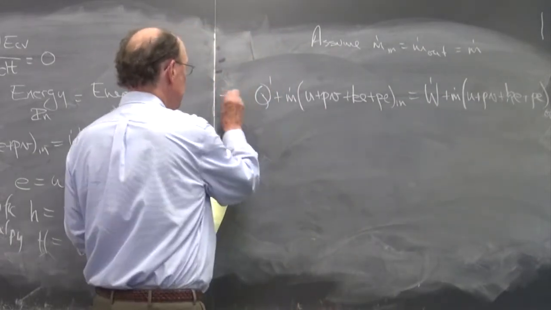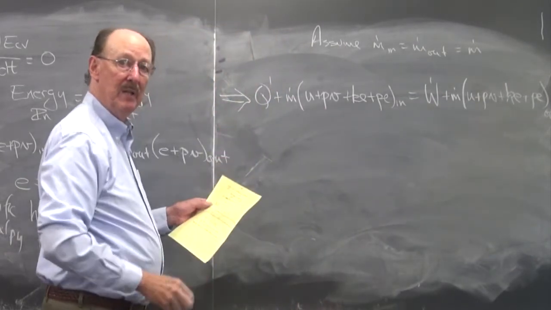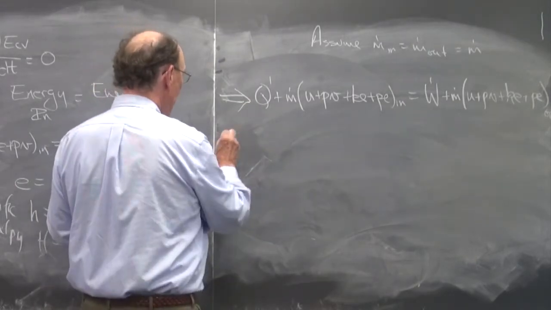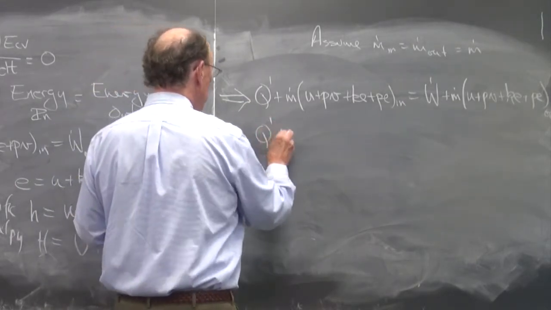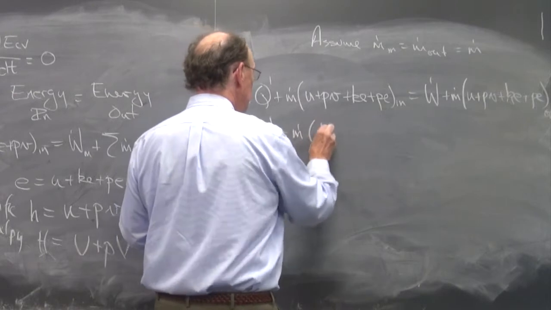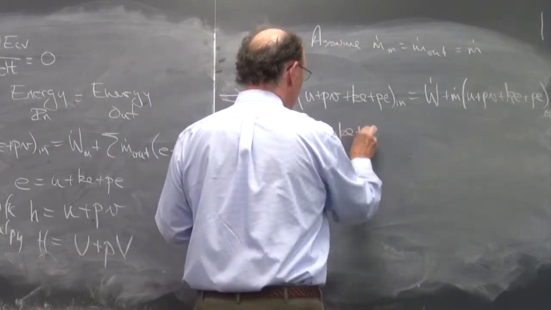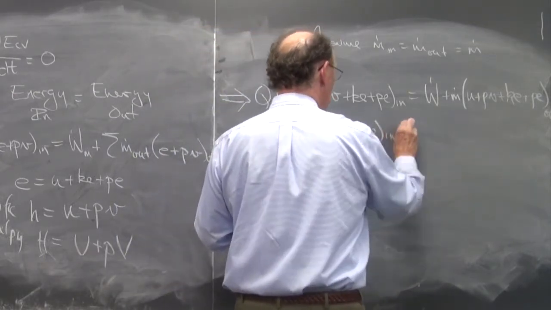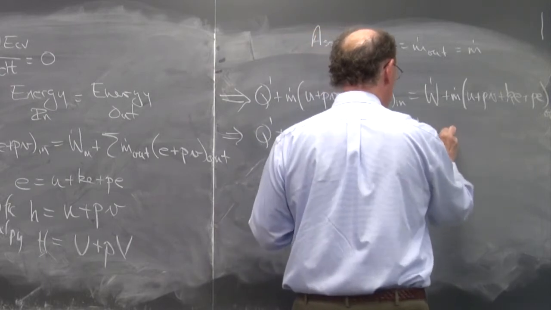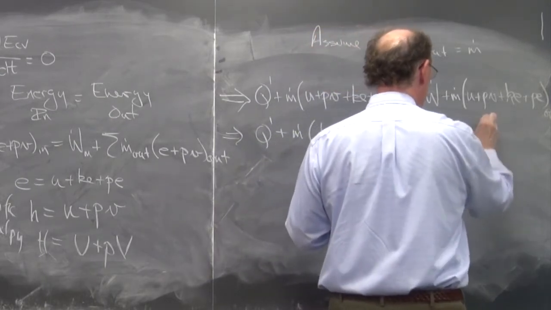And so this is one important one. The second one is I write the same thing with enthalpy. I have m dot times H plus KE plus PE in is equal to W dot plus m dot times H plus KE plus PE out.